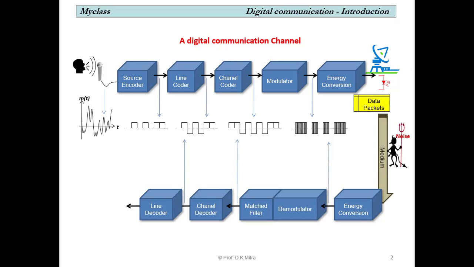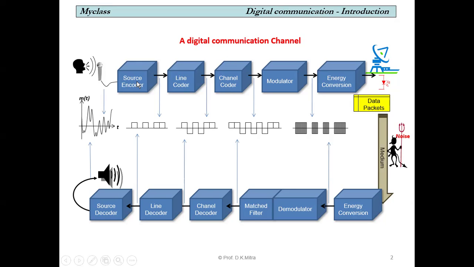And then there is a line decoder. Actually, the electronic functions on the receiving side are the reverse of the functions on the transmitting side. Then, after the line decoder output, it goes to a source decoder and then to a speaker. The speaker creates the same sound. This is a complete digital communication channel.